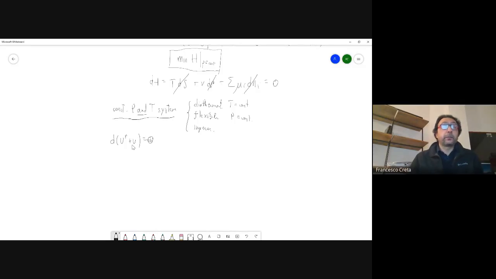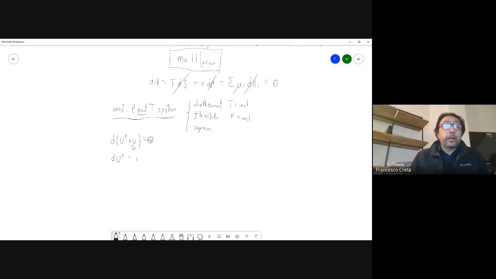Sorry, equal to 0. And I have to essentially express dUR in terms of quantities that are not the reservoir quantities, but are actually the inner system, the system of interest quantities.